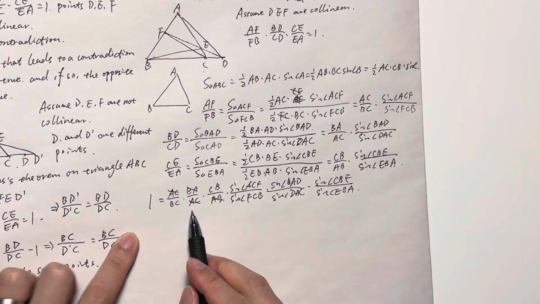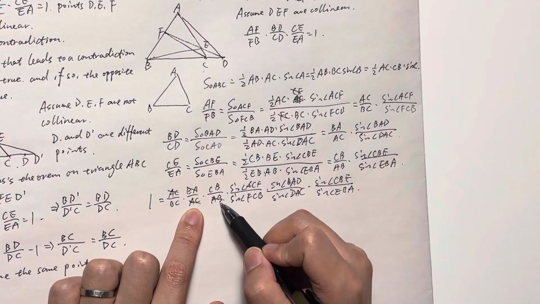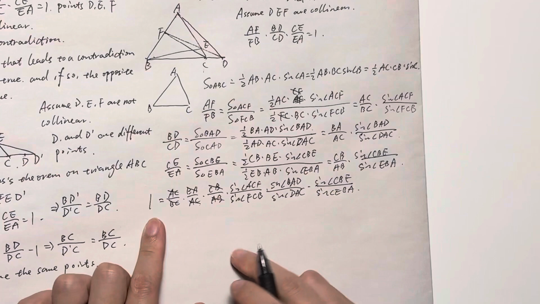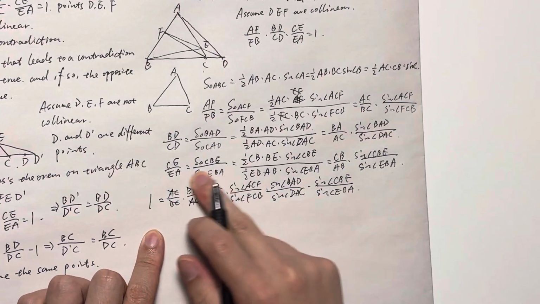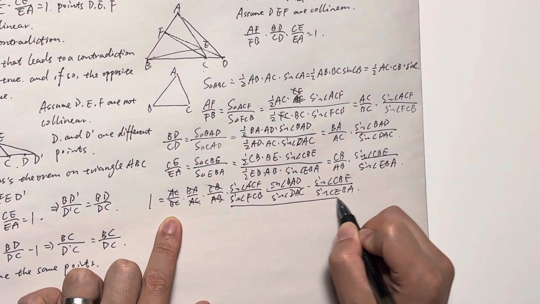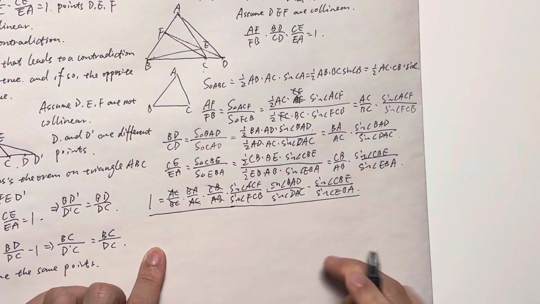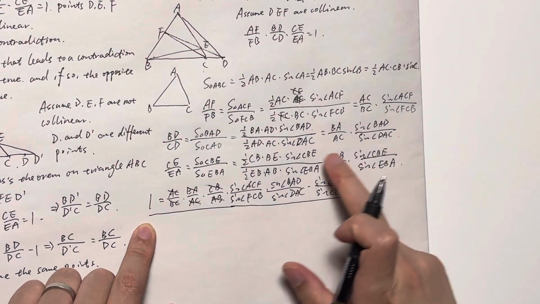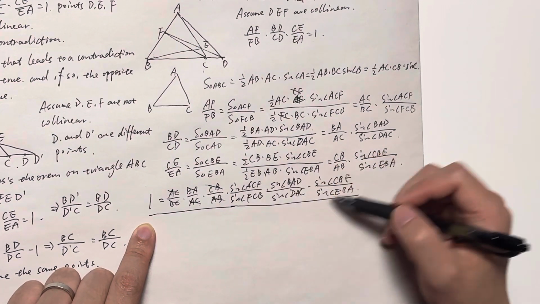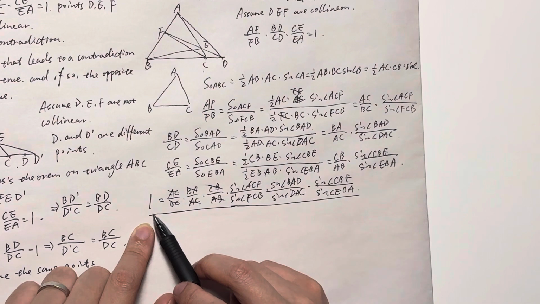AC and AC, BA and AB, CB and BC are equal, so this product is 1, and that means the product of these three ratios is 1.